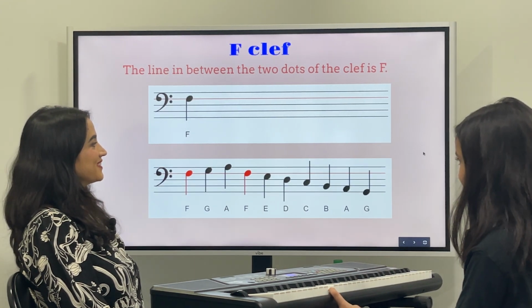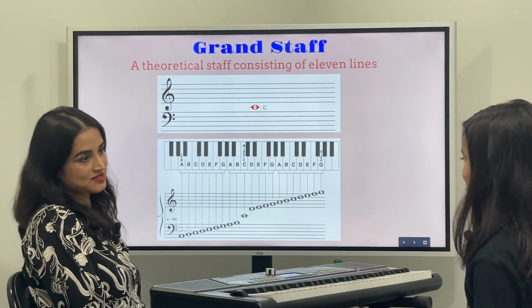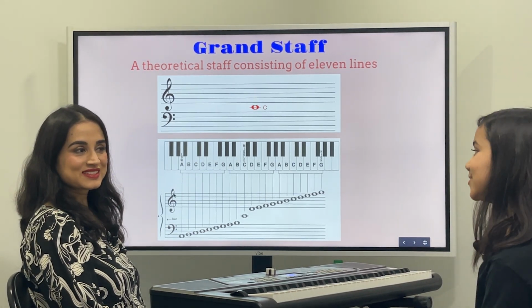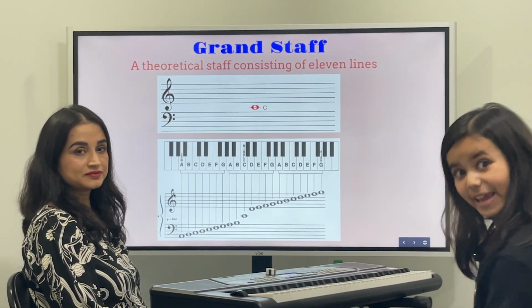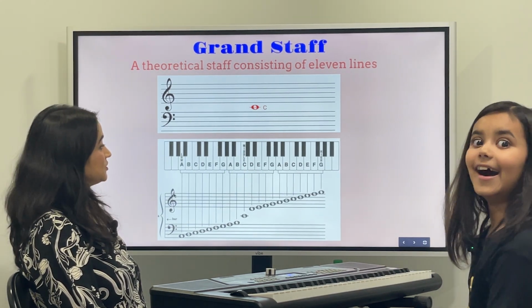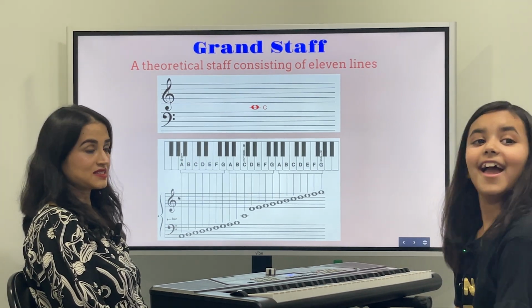Good, keep going. So grand staff. Now what is this, Lina? The grand staff is when you have the treble clef and the bass clef together.